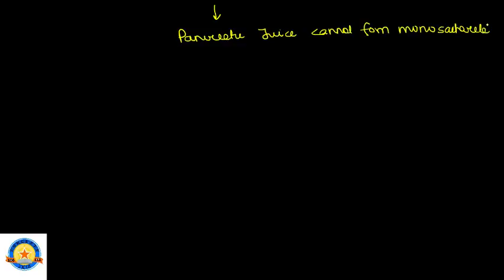Or you can say pancreatic juice cannot form monosaccharides. Then what does it form? It mainly forms the following things.